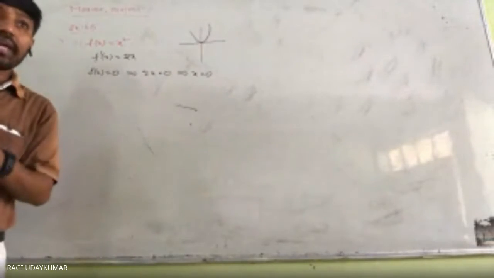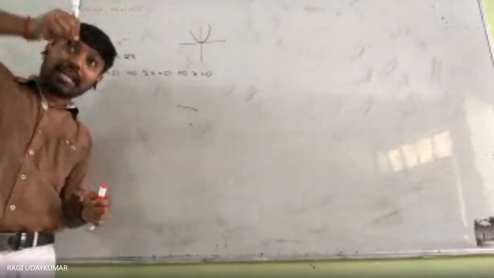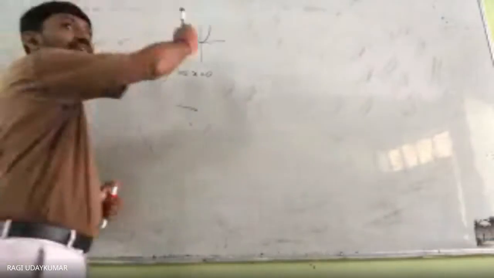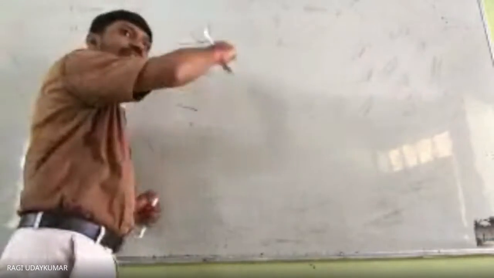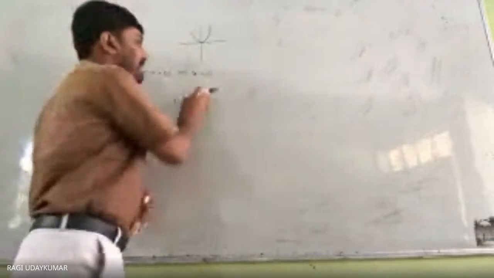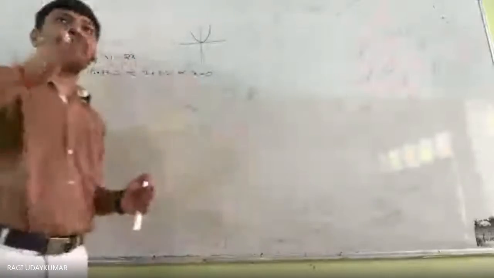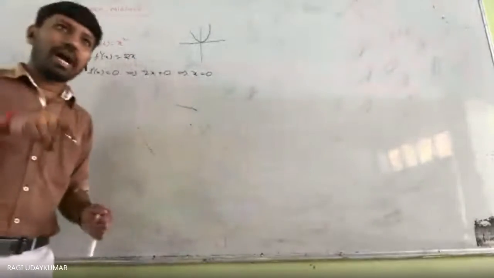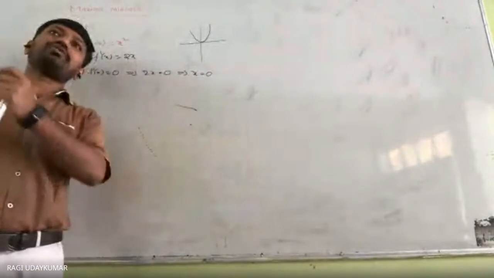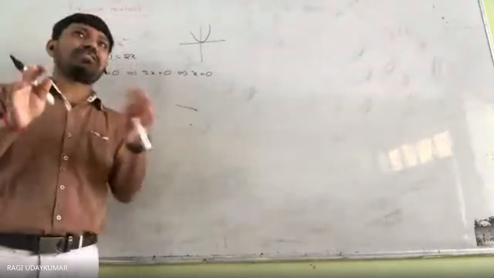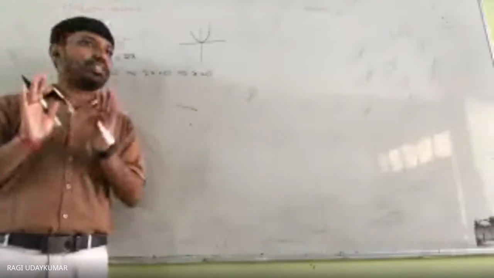So now what you can say is that x equal to 0 is where the turning happens. Until then it either increased or decreased, that doesn't matter. What this tells us is that the function is changing, the curve is changing. If it was decreasing it may increase, if increasing it may decrease, that doesn't matter.